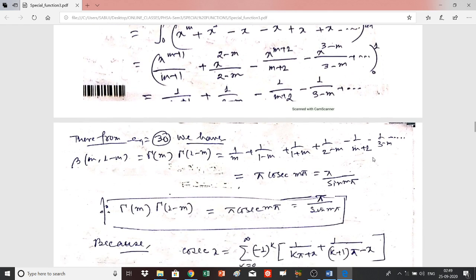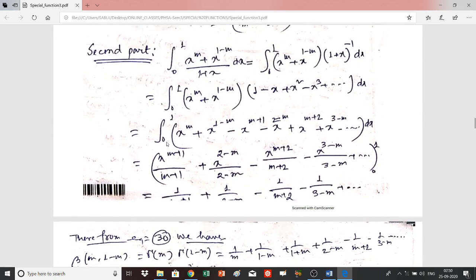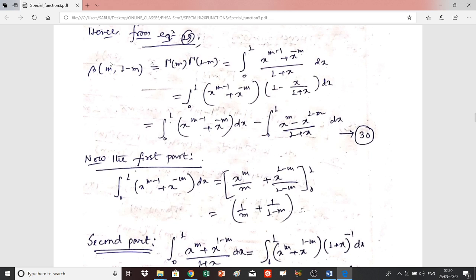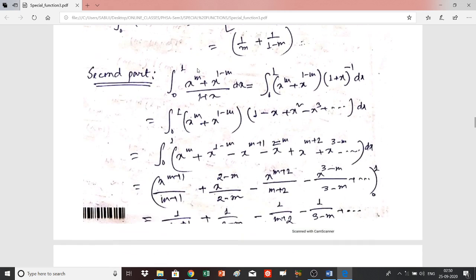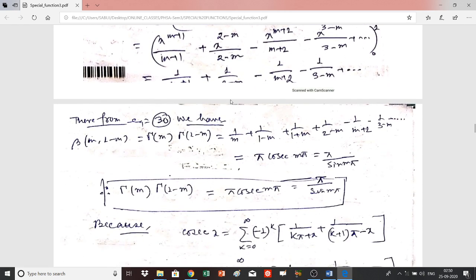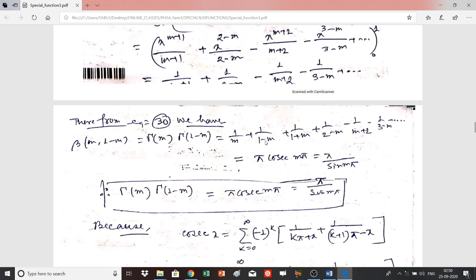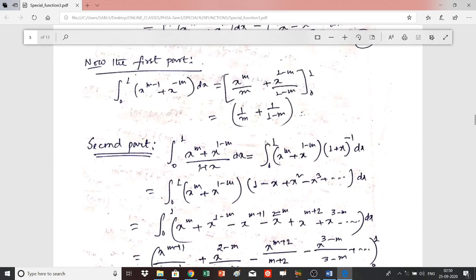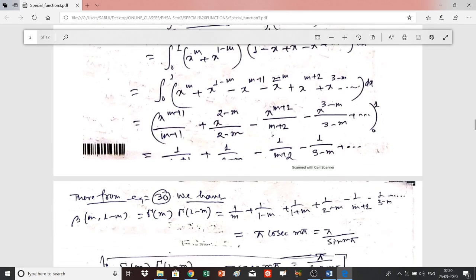And so we can write from equation number 30, that is equation number 30 is here. This is there, this is there, beta(n, 1-n), that is gamma n gamma (1-n), that is equal to this: 1 by n, then 1 by 1-n, because the first integral gives you 1 by n plus 1 by 1-n, that is written here.